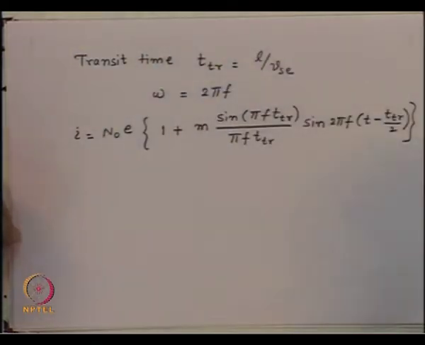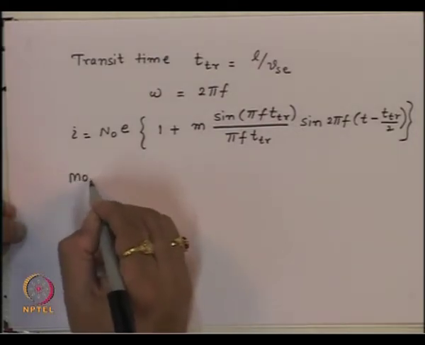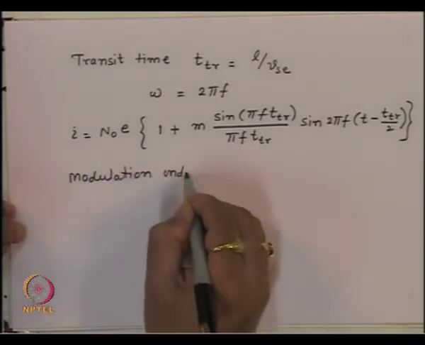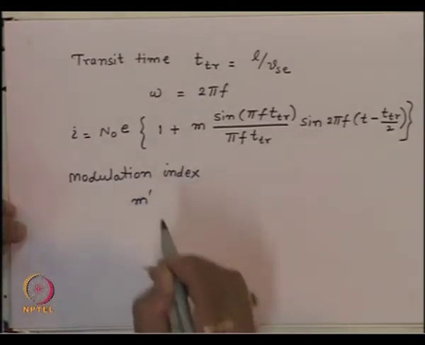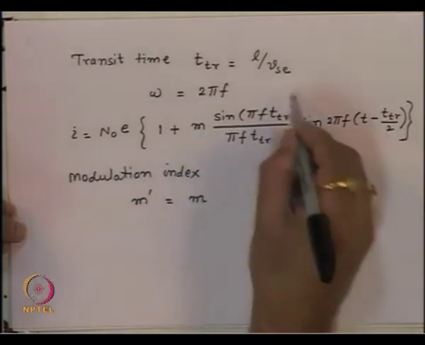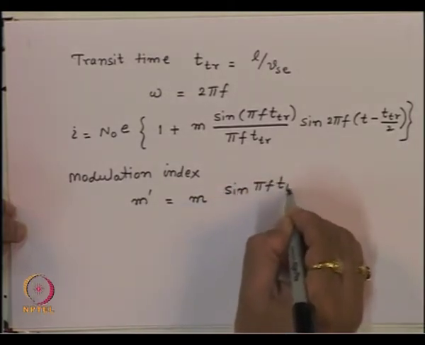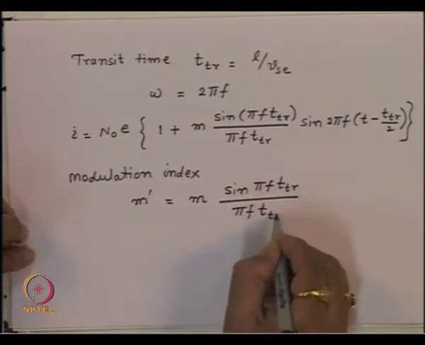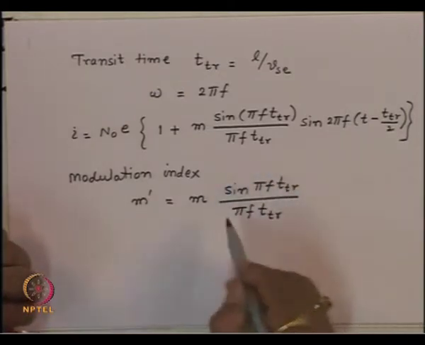So, we now have the modulation index, let us call that m prime, equal to the original modulation index m multiplied by this quantity. Now, this is the sinc function.